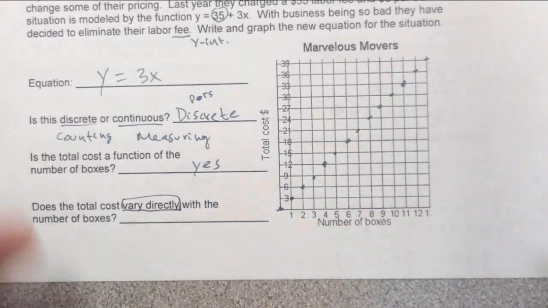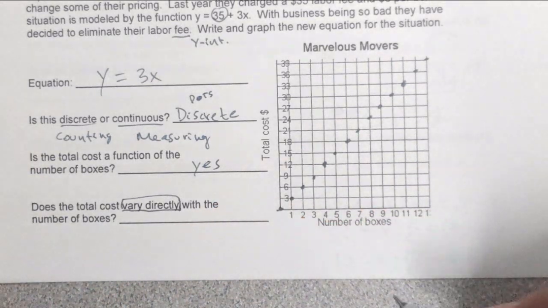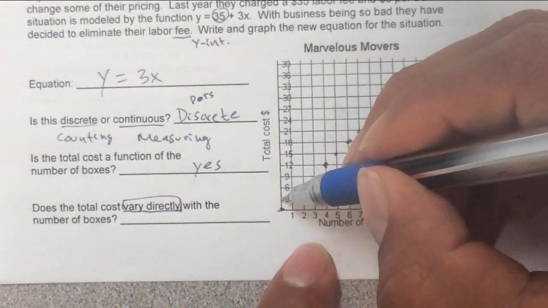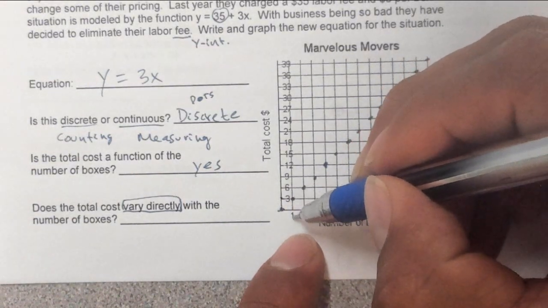Direct variation basically means if you divide the y and the x, you should get the same number all the time. If you take the y, let's say 3, and you divide it by the x, you get 3.